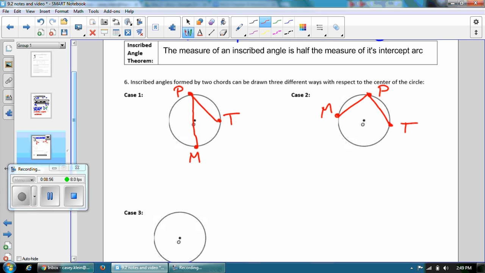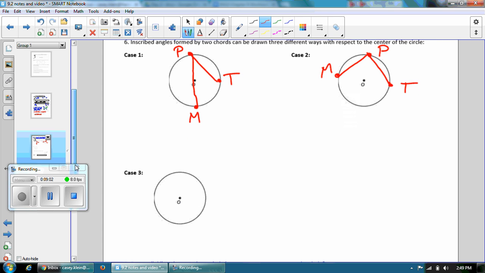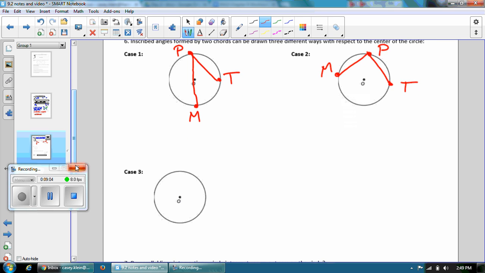So there's inscribed angle MPT, but it goes around the center. Last but not least, case 3 doesn't include the center at all. Angle MPT is an example of an inscribed angle that does not include the center.